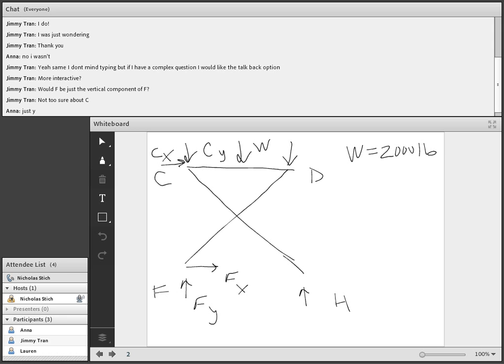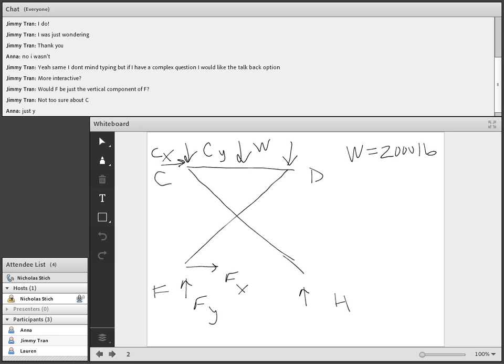All right. So let's see. Sum of the forces in the x, that'll be our first equation, equal to Fx, and we have no other forces acting in the x direction. So we see that Fx is just going to equal 0.